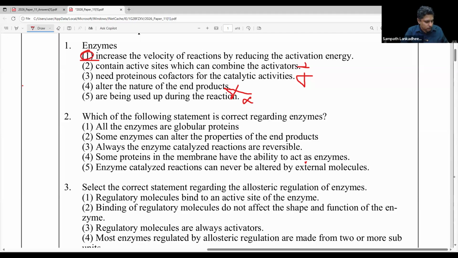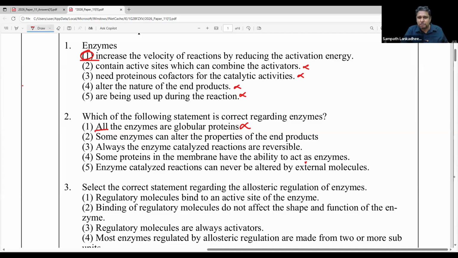Question number 2. Which of the following statements is incorrect regarding enzymes? All enzymes are globular proteins. Some enzymes can be RNA molecules, so saying all enzymes are globular proteins is not correct.